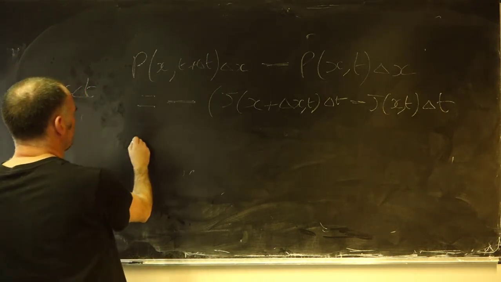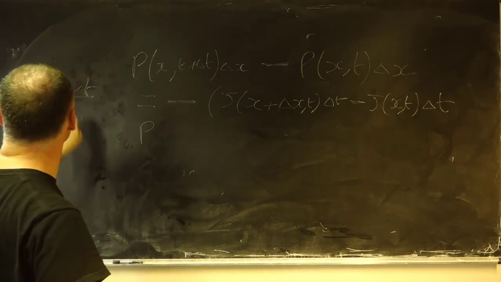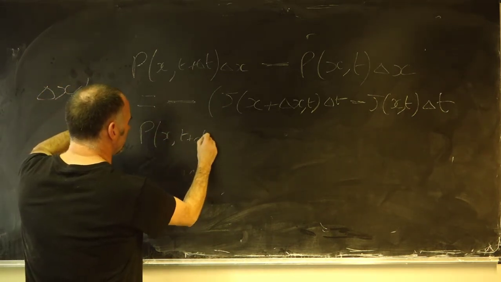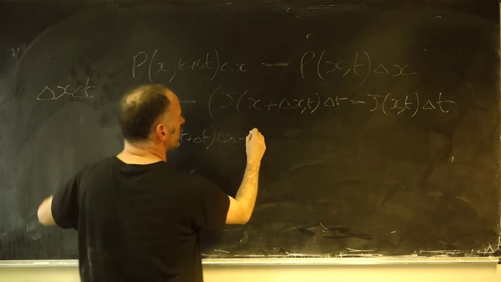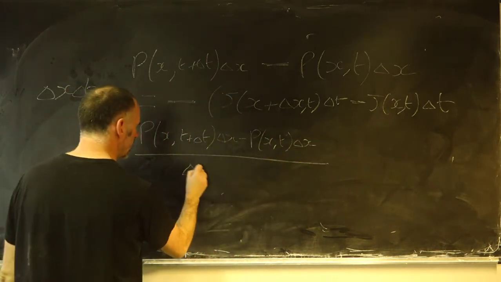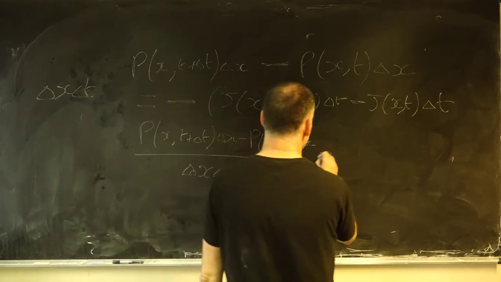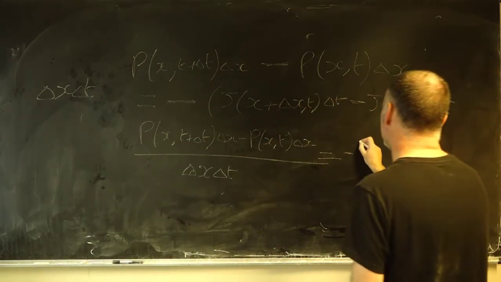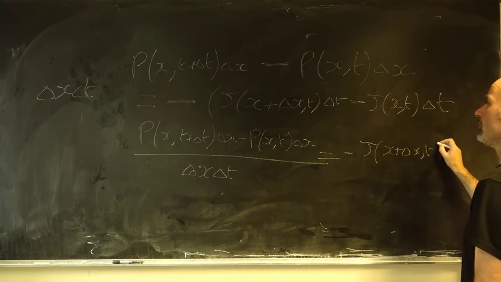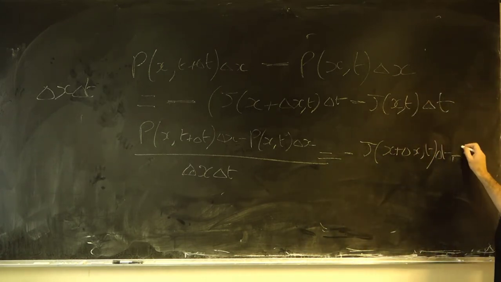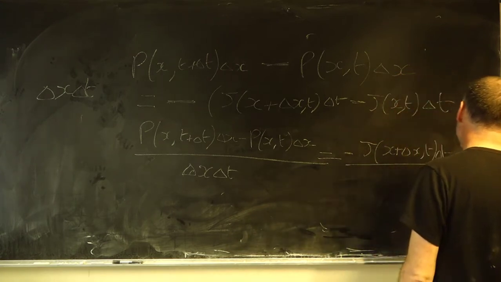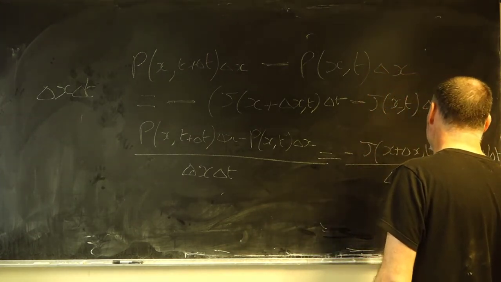So p(x, t plus delta t) minus p(x,t) times delta x, divided through by delta x delta t, is equal to minus j(x plus delta x, t) delta t minus j(x,t) delta t, and we're going to divide that through by delta x delta t.